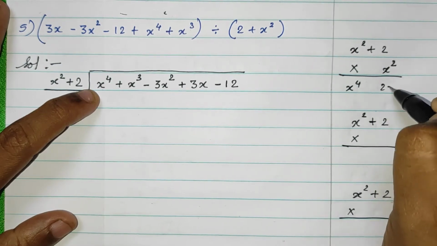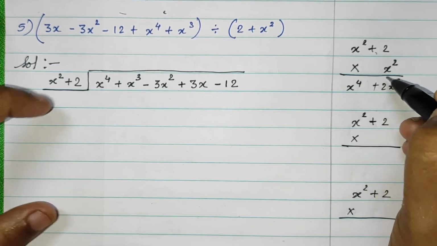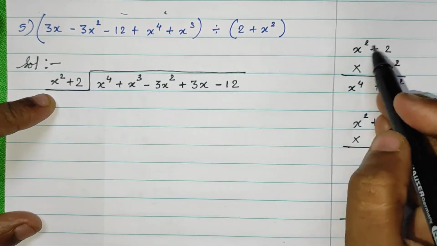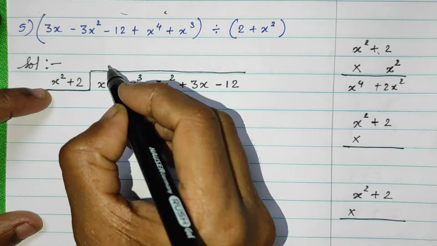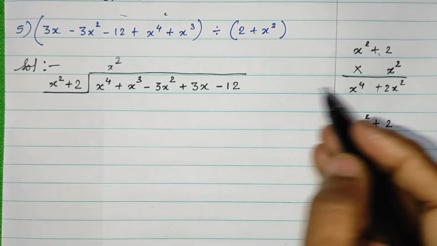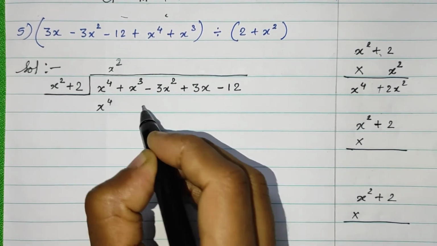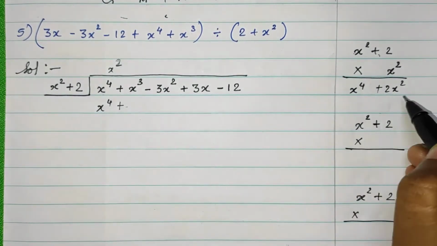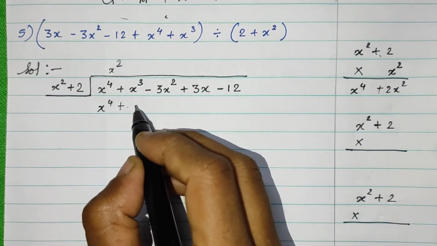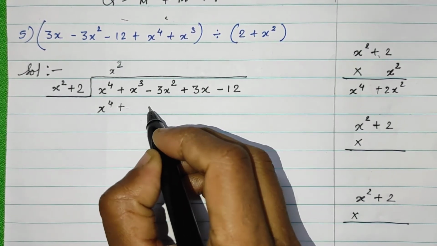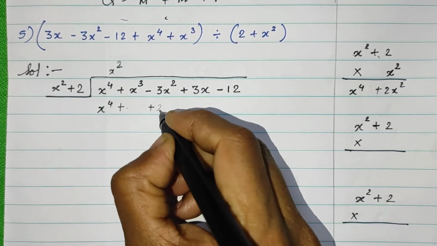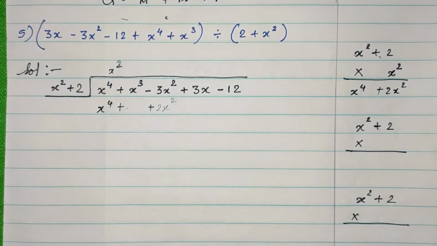then 2x square plus into plus. So that means जब आप इसको x square से multiply करते हैं you get x4 plus 2x square. So sorry, here you have to write plus 2x square.